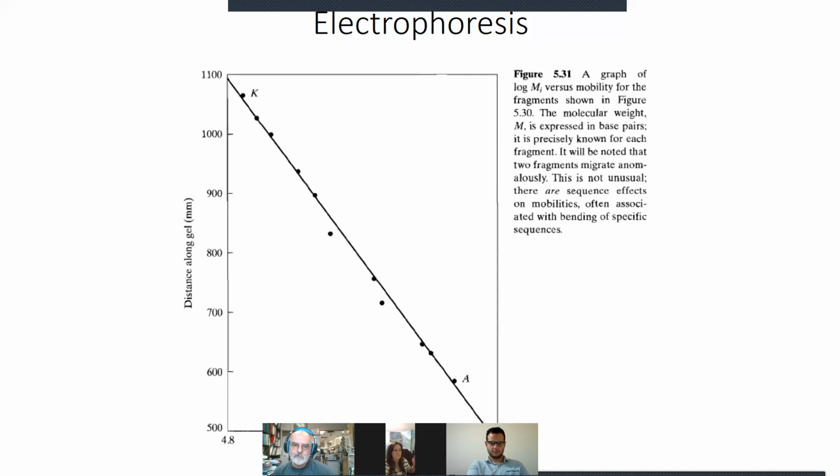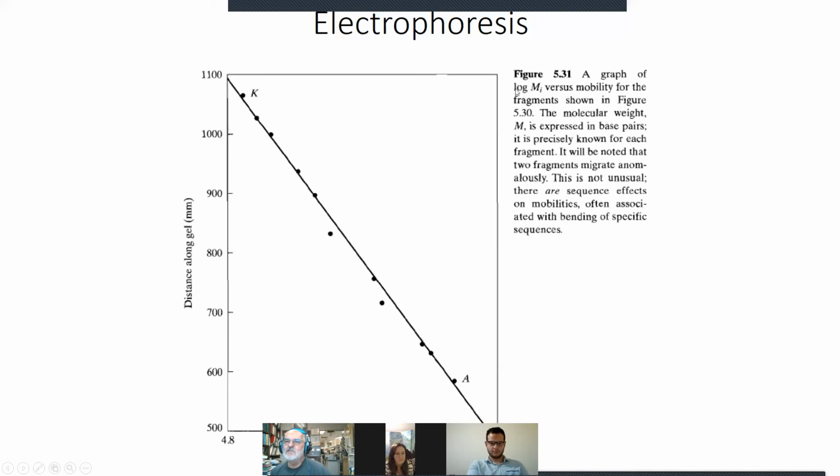Okay. The thing that you notice when you do stuff like this is that the mobility or the distance moved from the origin is dependent upon the molecular weight. Okay, and it's specifically dependent upon the log of the molecular weight.